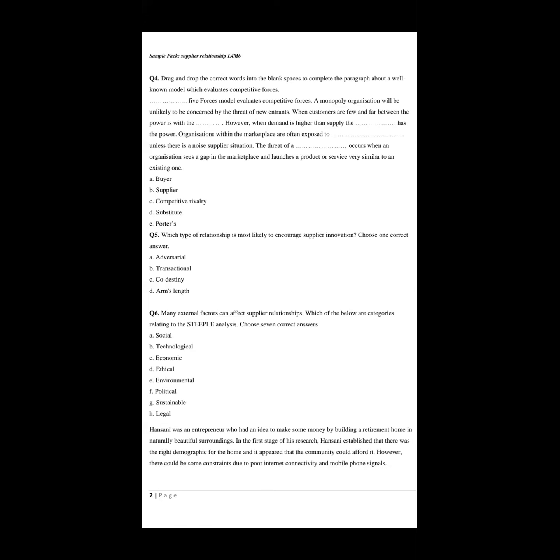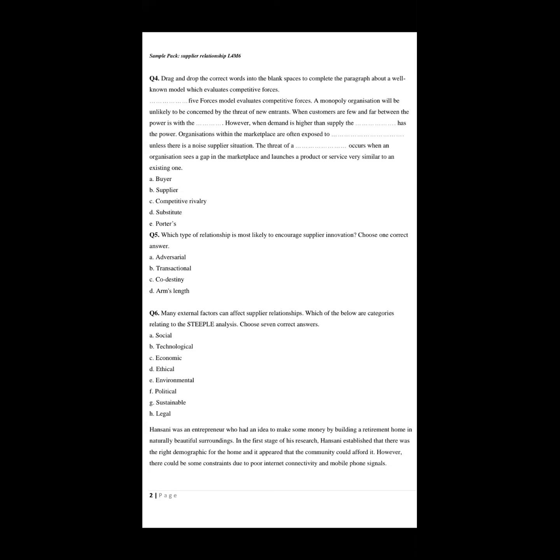The threat of a substitute occurs when an organization sees a gap in the marketplace and launches a product or a service very similar to an existing one. Yes, substitute. So we are done with that.